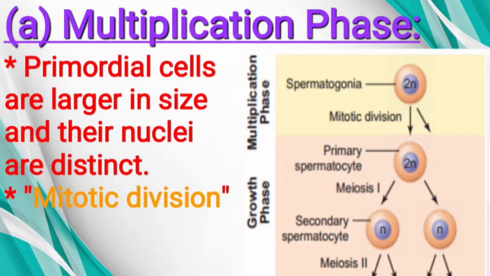Meiotic division takes place here, and the resulting cells are called spermatogonia, or sperm mother cells. Each spermatogonium has a diploid number of chromosomes, 2n, that is 46 chromosomes.